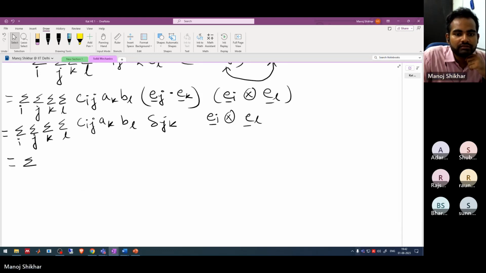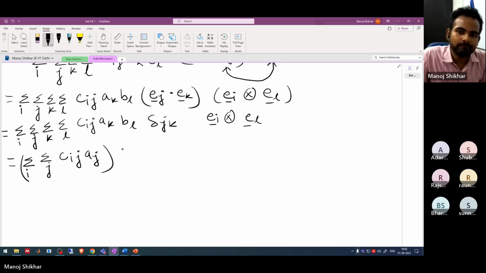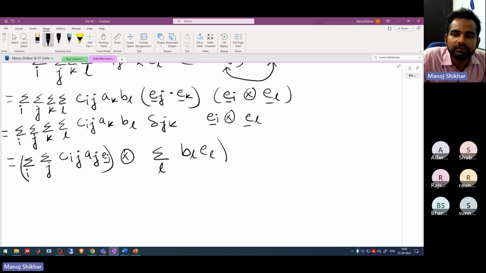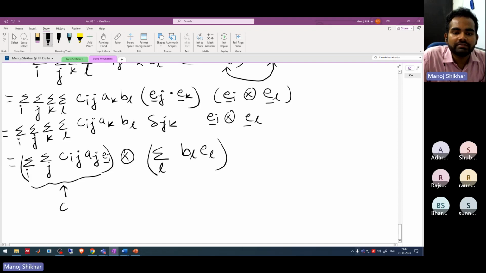We can write summation of I, summation of, let us assume we are keeping J, Cij Aj into Ei dyadic with Bl El. Now, if we prove this is same as C into A, what we will get? We will get the RHS.